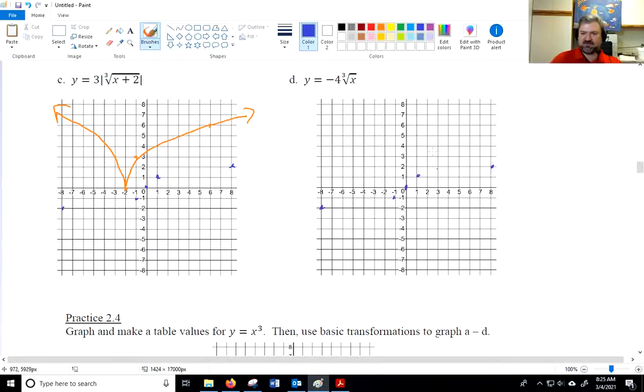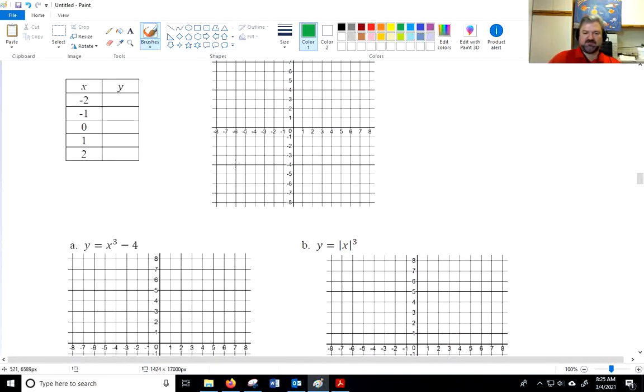All right, we're simply going to take each one of the y values and multiply them by -4. So 0 stays the same, but 1 becomes a -4, and 2 becomes a -8. So this side will come like that. -1 times -4 is 4. -2 times -4 is a +8. So it becomes like that.